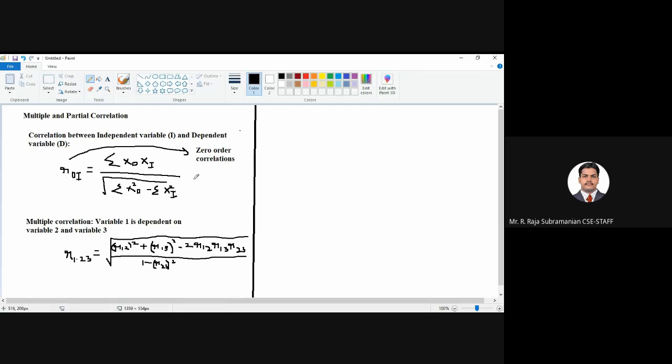Now we'll go directly into the problem for multiple regression. When it goes to partial regression, we'll have more intuition on how to make a particular independent variable a constant.